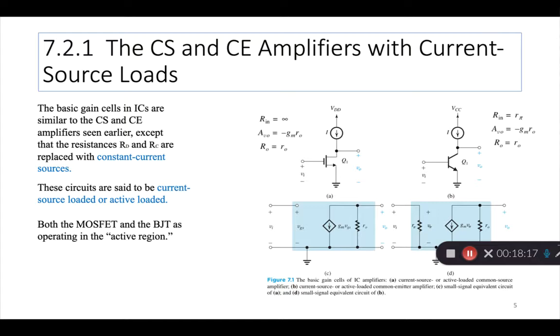Now we can study current sources later, and they are obviously again created using transistors. So it's kind of, you need one to understand the other. But for now, just believe that we have been able to create these constant current sources I that are shown here. Okay.